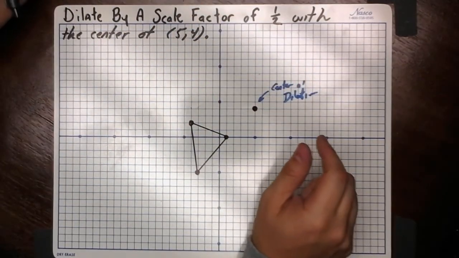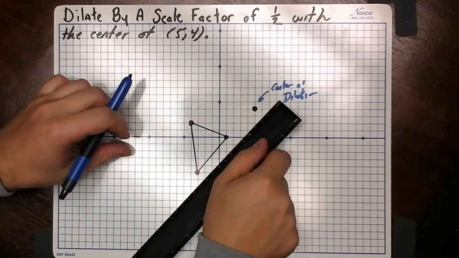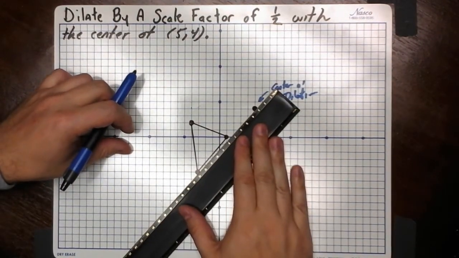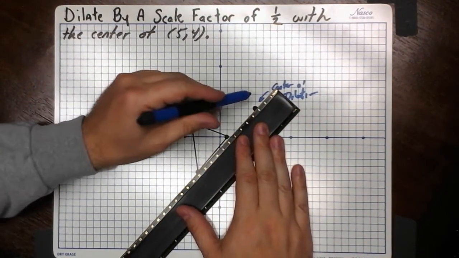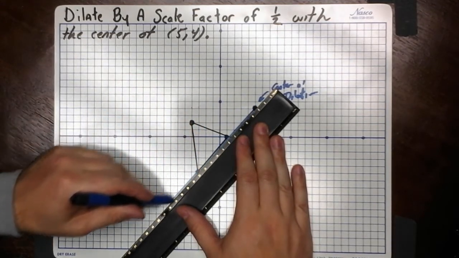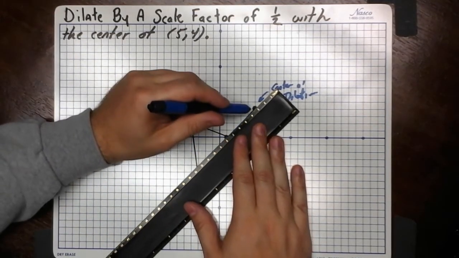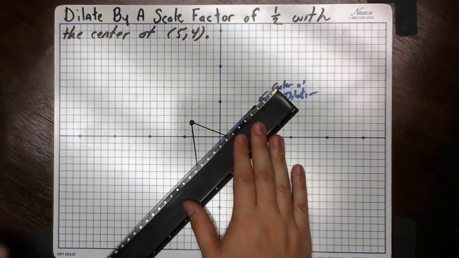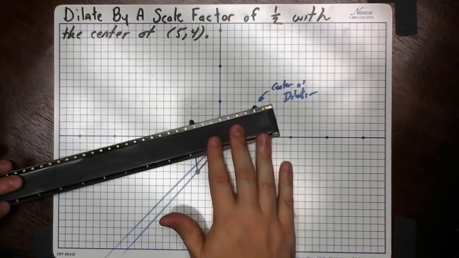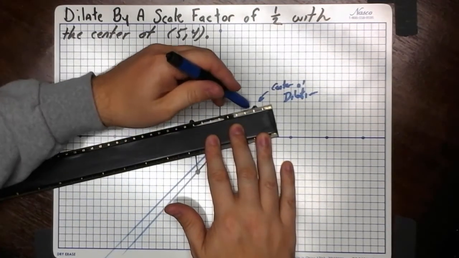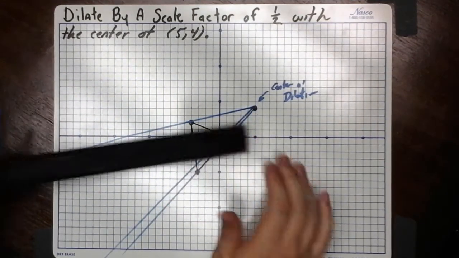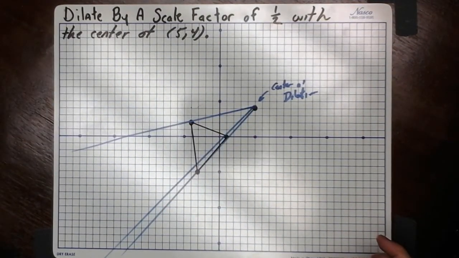Now, from there, I'm going to draw my lines again. I find these lines to be so helpful. Here's this one. Here is this one. And here is this one. Okay, let's take a look now.